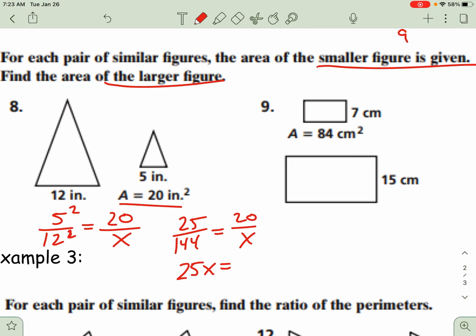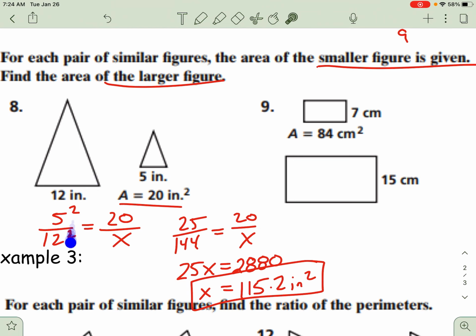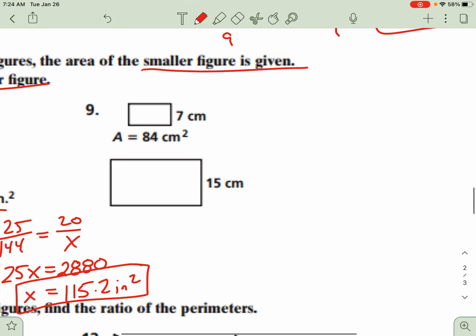Cross multiply, you get 25x equals 2,880. Okay, and then when you divide by 25, you get 115.2. Okay, so there's your answer there. There's your area of the big one. So you use the ratio of their sides squared in the area to find the other one.